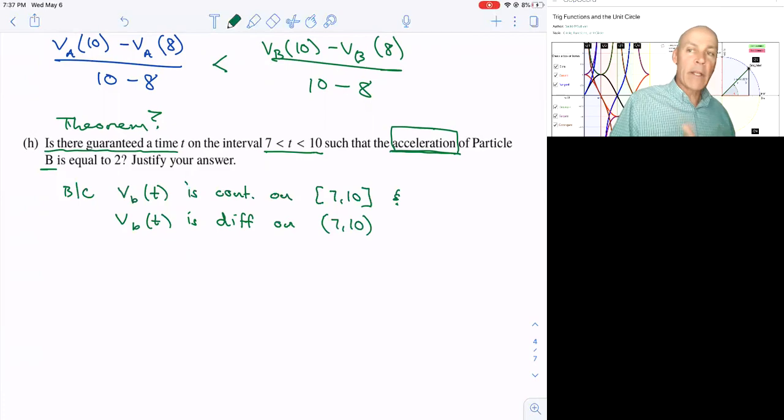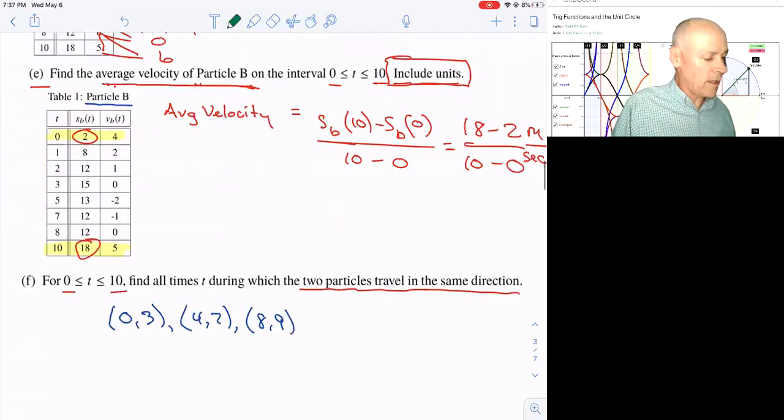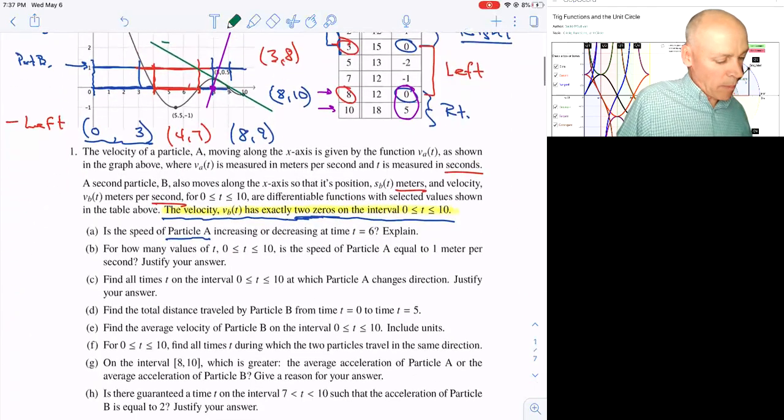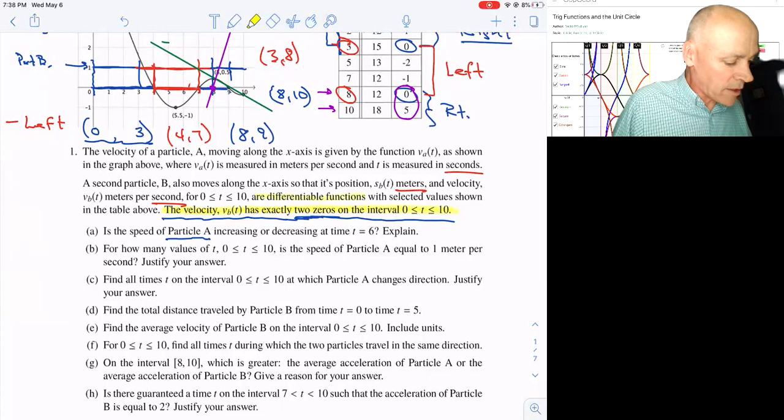Hey, I better make sure that's true. Well, I'm looking here, again, talking about the velocity of particle B, and okay, good news. Second paragraph here, second particle B also moving along the x-axis at its position, s_B(t) meters, and velocity v_B(t) meters per second for the closed interval 0 to 10 are differentiable functions.